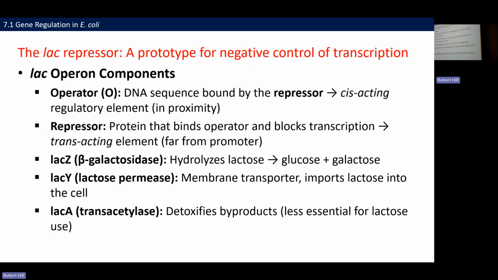And then there is a regulatory element called a repressor. And this is our lac operon. So over here is beta-gal, permease, and transacetylase. So the repressor and the operator are involved in the regulation of this operon, whether it's going to be turned on or turned off.